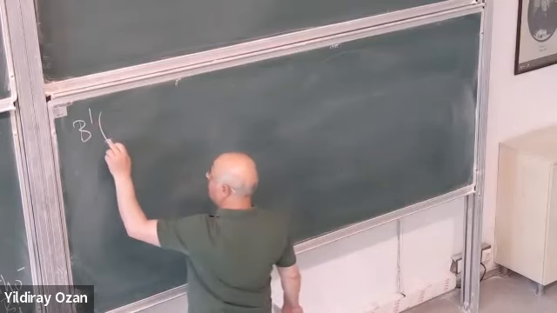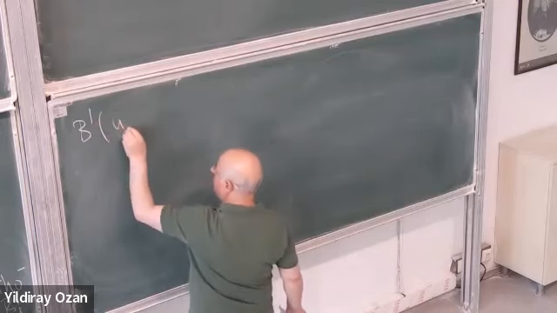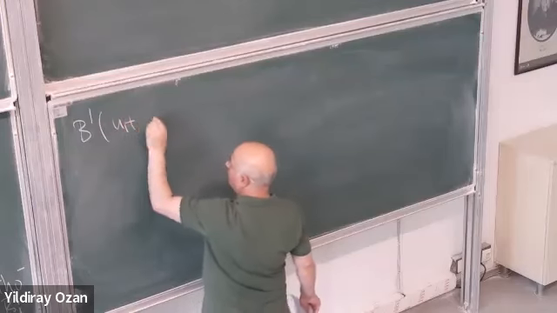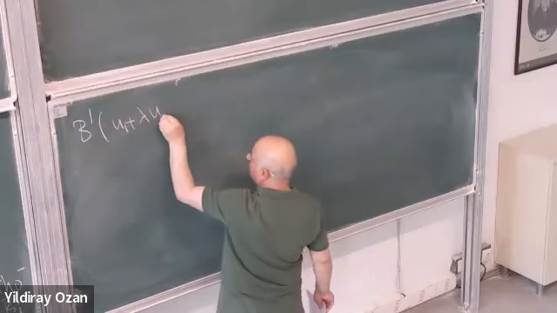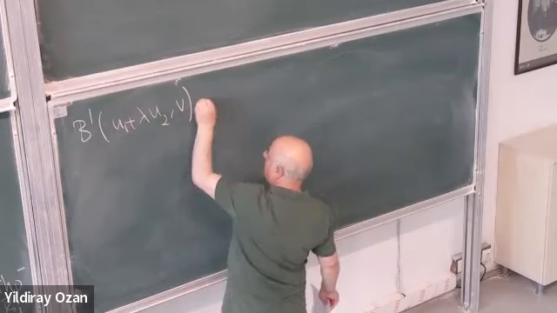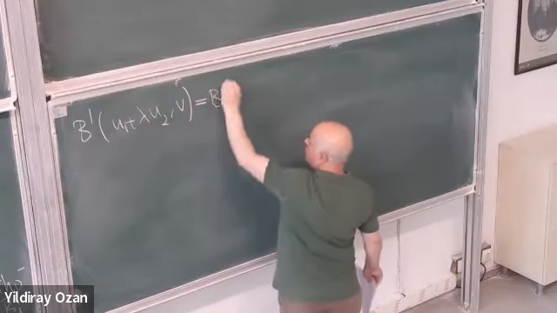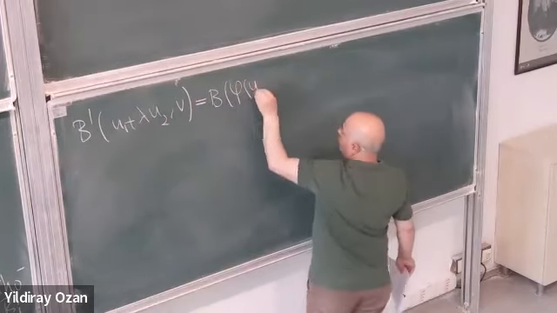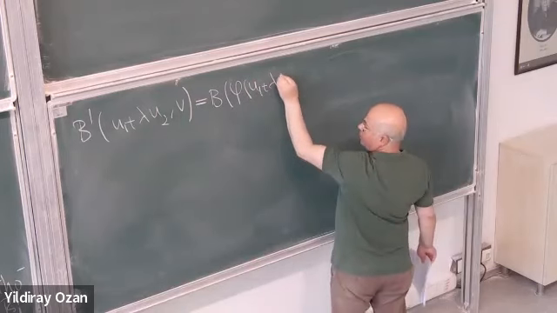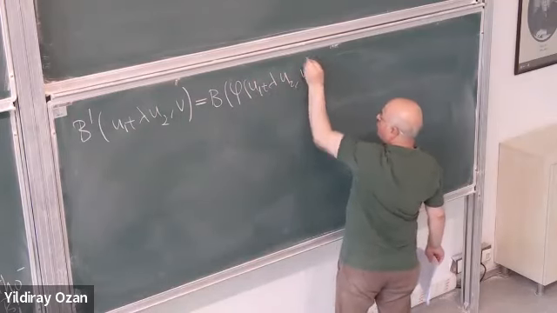Well, this is linear in the first component. Let's see. What is that? This is just B prime of phi of u1 plus lambda u2.